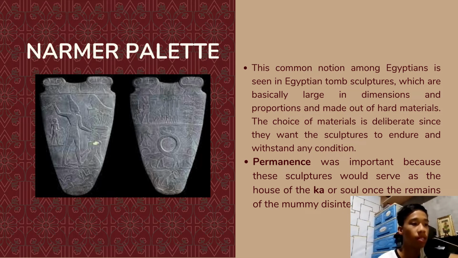The choice of materials is deliberate since they want the sculpture to endure and withstand any condition. Permanence was important because this sculpture would serve as the house of the Ka, or soul, once the remains of the mummy disintegrate. A striking feature of most sculpture is that regardless of the age of death, the figures highlight the prime life of the deceased.